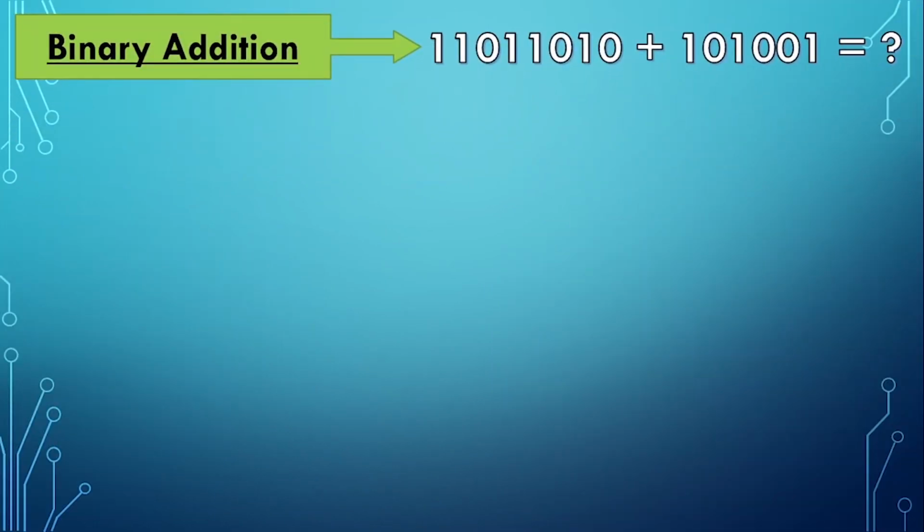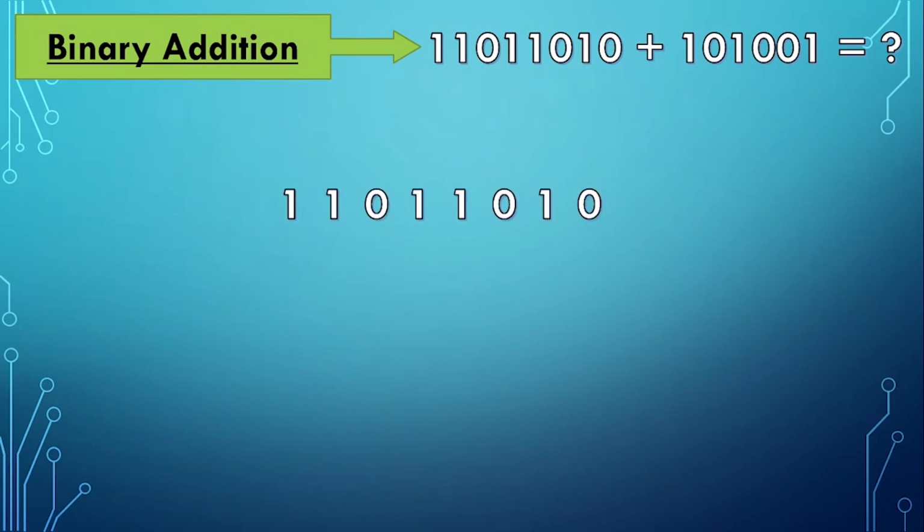So my first example is regarding addition. So we are asked to find 11011010 plus 101. So both the numbers are in binary number system. So what will be our first step?